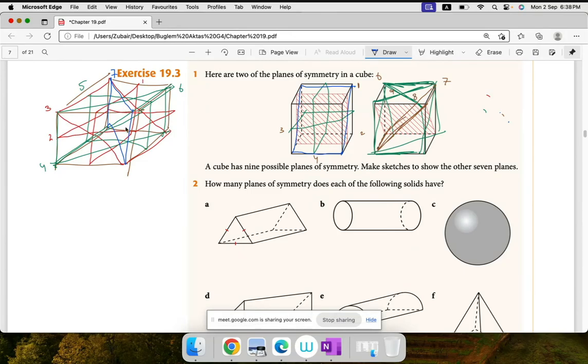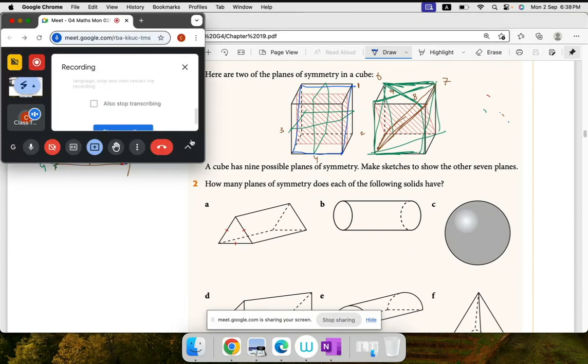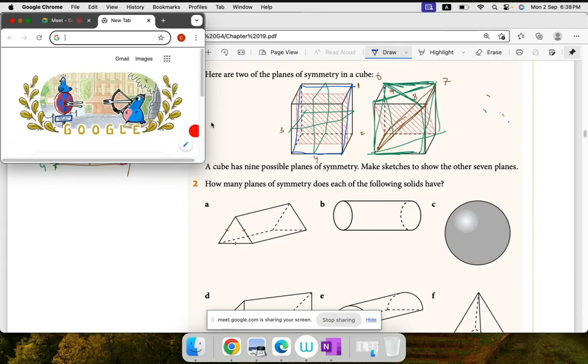Top diagonals are done. Now I'm coming to the right hand side. This diagonal is 8 and another diagonal is 9. So 9 planes of symmetry. I think let's use this as well.